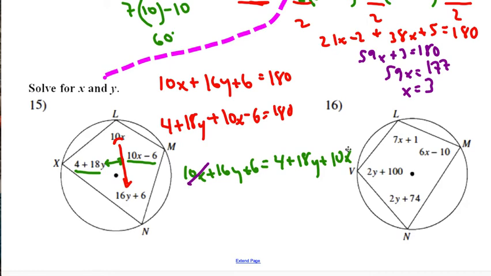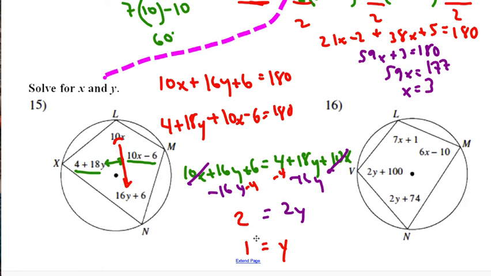But I have a 10x here and a 10x here, and if I subtract them, they actually cancel out. Which means if I were to subtract 16y, let's say, then I'd get a 2y over here, which means I could then subtract a 4 here, and I get this rather innocent looking equation that tells me that 2y equals 2 or that y equals 1.